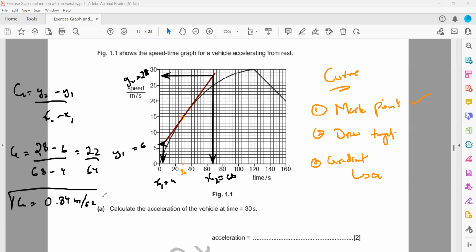So the gradient is equal to 0.34 and the acceleration of this object is also 0.34. So if it is a curve, we mark a point where we want the acceleration, then we draw a tangent and find the gradient of the tangent. Is it clear, this question 11? Yes, sir.